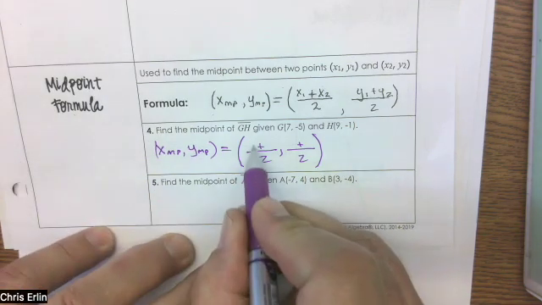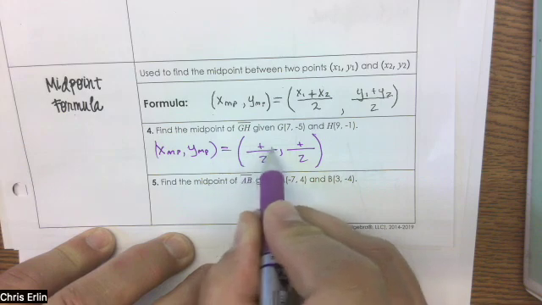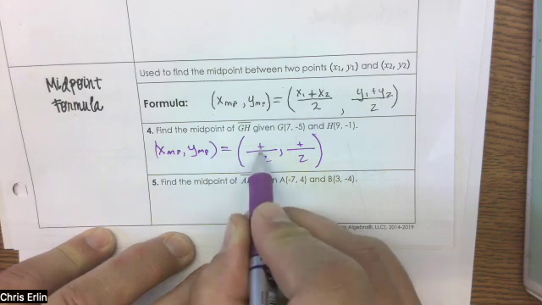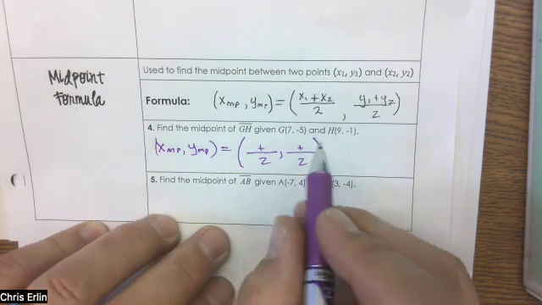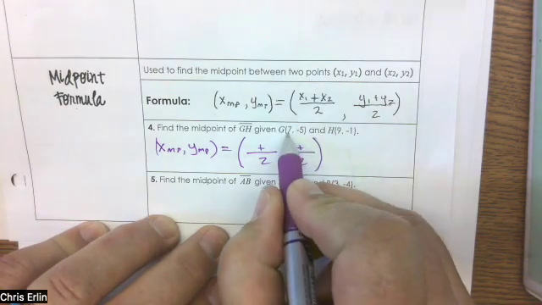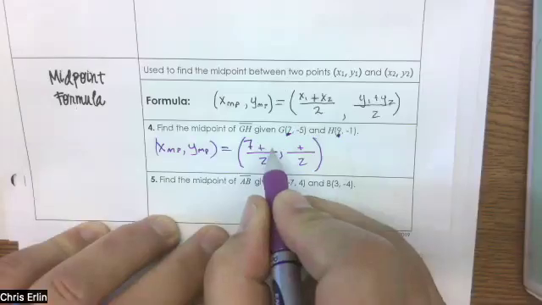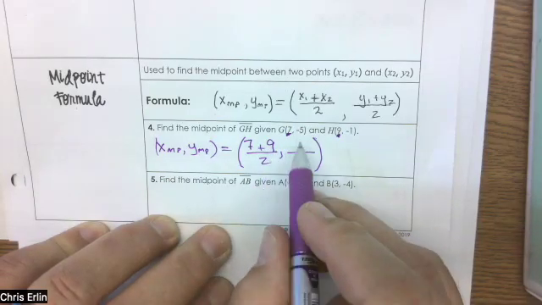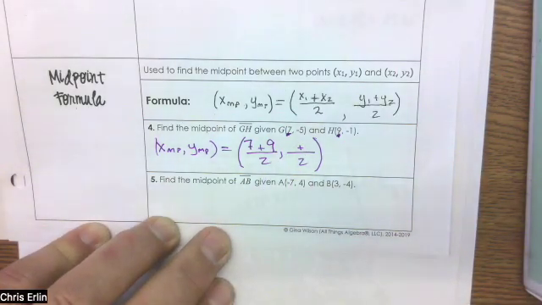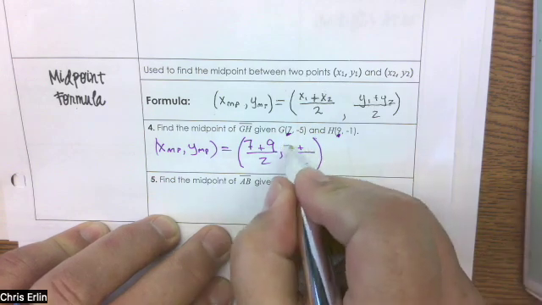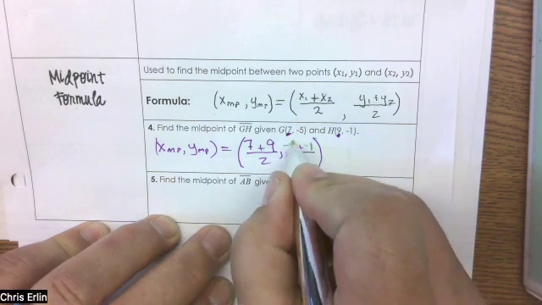Okay. What goes up here? What are these two values? The two x values. So I'm going to take my 7 and my 9. And then what goes over here is -5 and -1.